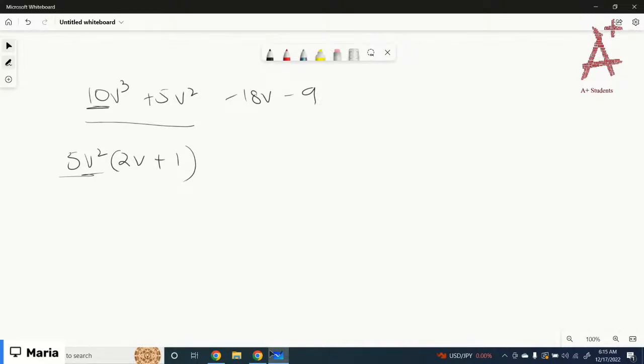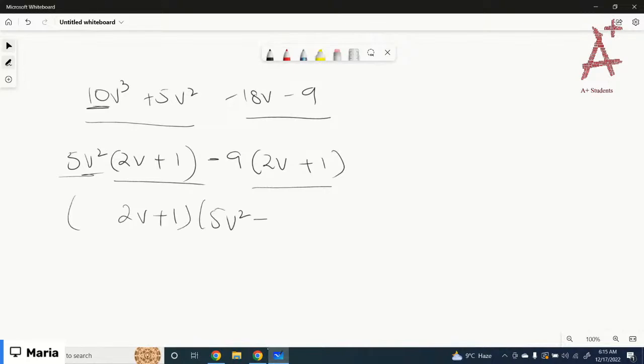Got it? So from here, you can take common negative 9 and you're left with 9 times 2 is 18, 2v and negative 9, so you're left with plus 1. Got it? So 2v plus 1 is a common factor, and you are left with 5v square minus 9. Got it? So it would be 2v plus 1 and 5v square minus 9.